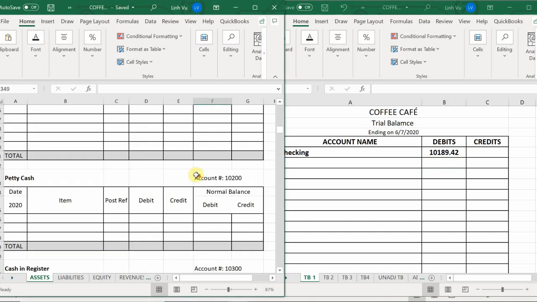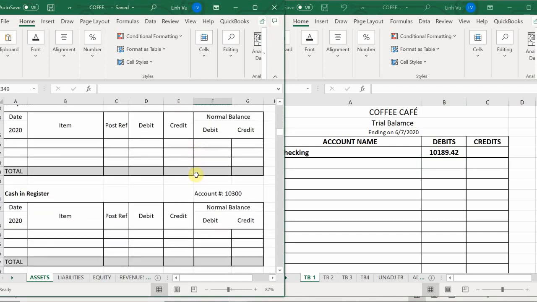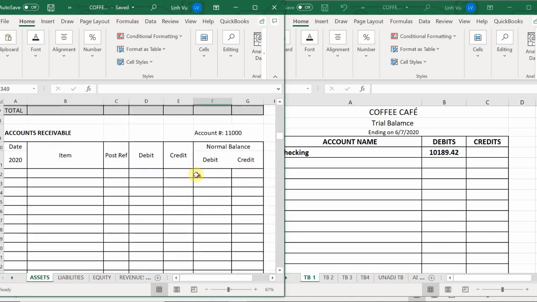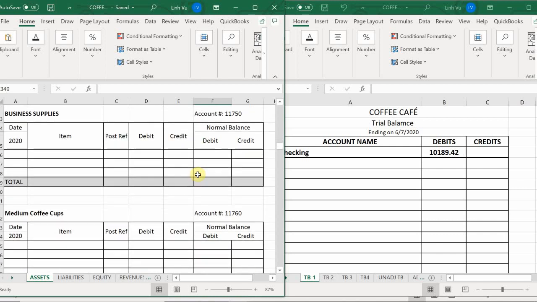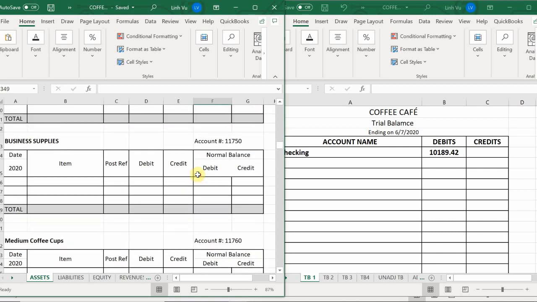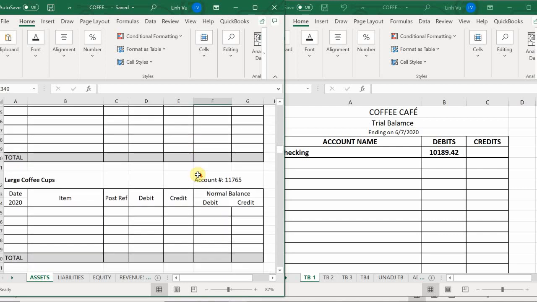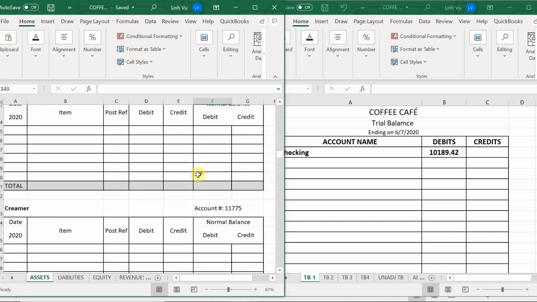Let's see what the next account is. We haven't talked about the petty cash drawer or cash register yet. We haven't even talked about accounts receivable yet. We haven't even opened up our company, so there's no allowance for doubtful accounts. We didn't talk about any business supplies yet, so no creamer, no sugar, no cups.